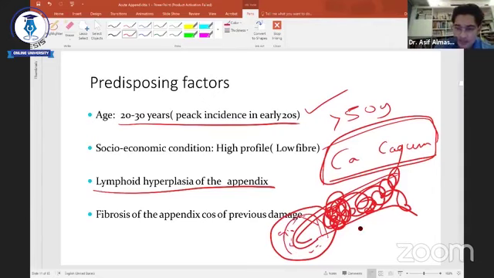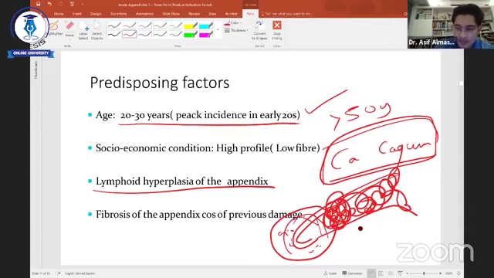Pathology. As I've already discussed, the vermiform appendix looks like a worm, right? So it has got obstructive features. It has got a very, very narrow lumen, which can easily be obstructed. So whenever this is obstructed, let's say from a particular position, there is edema and stasis of bacteria, which as a result may result in acute appendicitis.